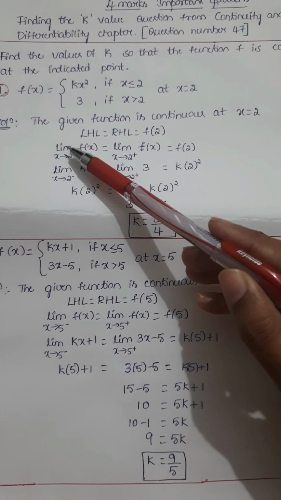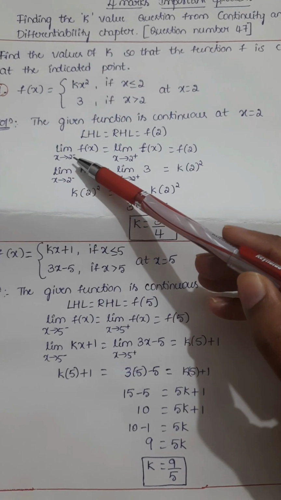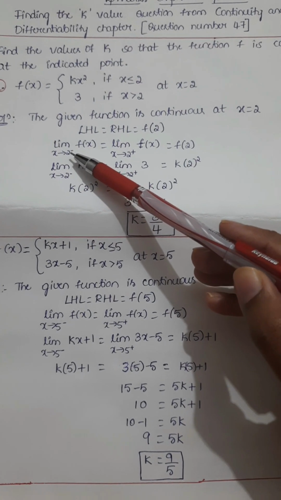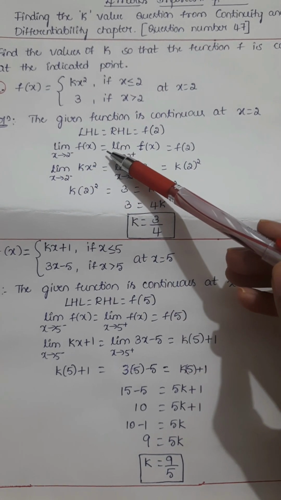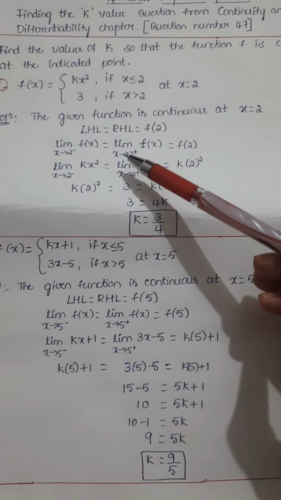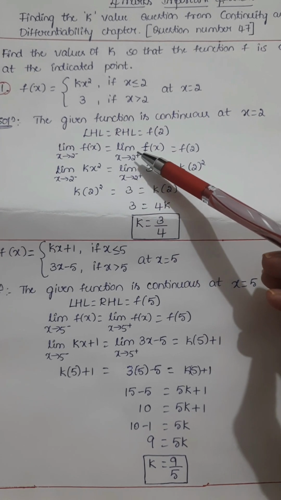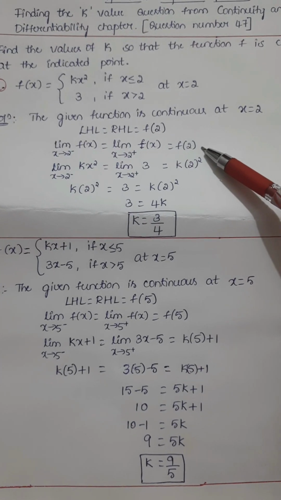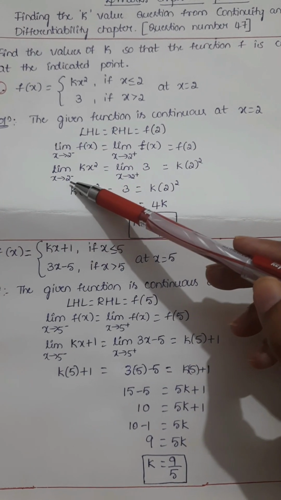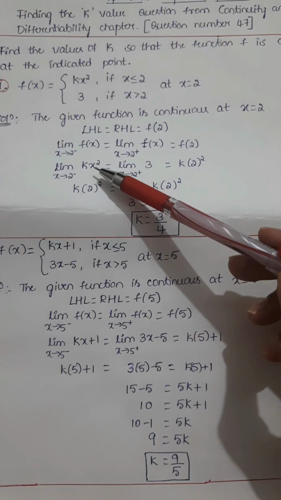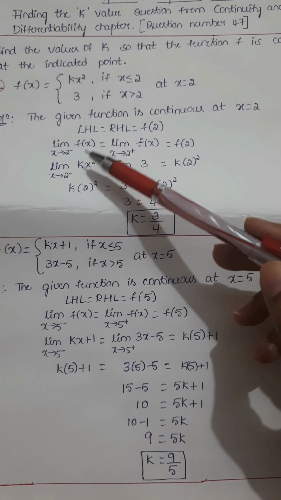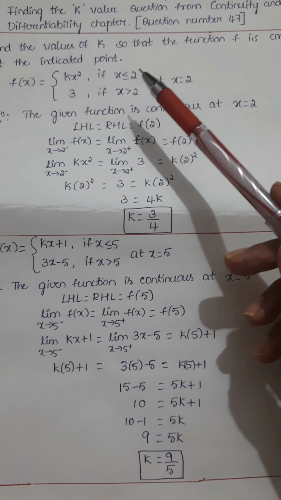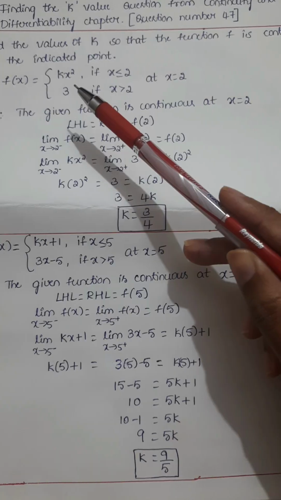LHL: limit x tends to 2 minus f of x is equal to, for RHL limit x tends to 2 plus f of x is equal to f of 2. Limit x tends to 2 minus kx square. For LHL we consider the function which has the less than sign, that is kx square.